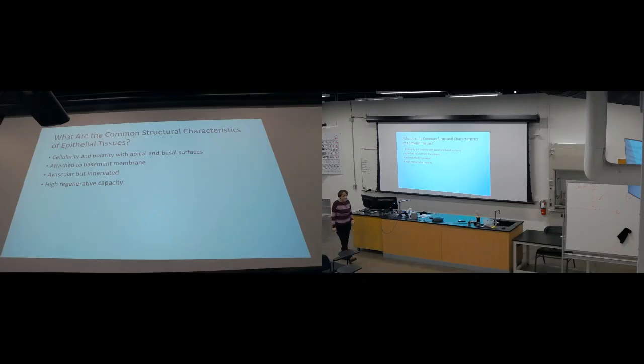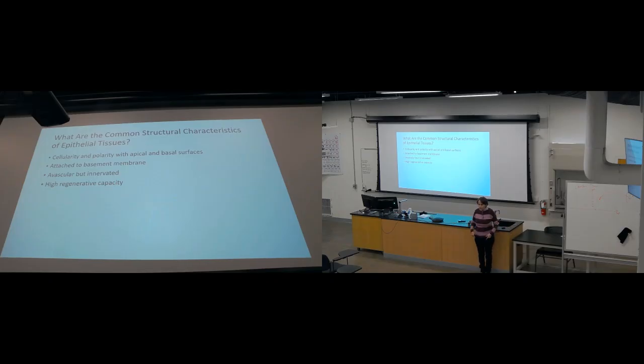So the basement membrane in epithelia can be considered like a mat on the floor. And your feet will be the basal side. And then your head will be the apical side, and then your arms will be lateral.